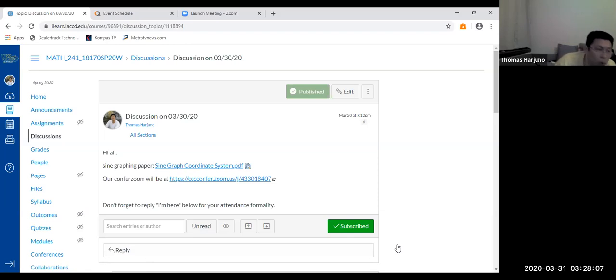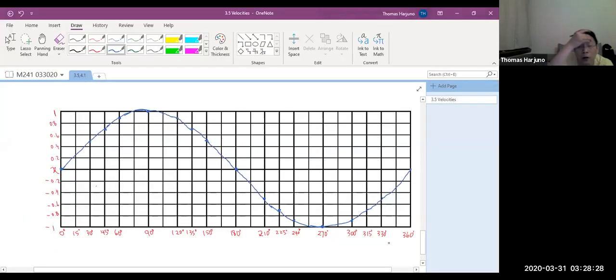What happens if you don't have a printer? Then you basically see again what I did earlier. On the discussion, you can print this sine graph. And if you don't have the graphing paper, then try to take a look again here.